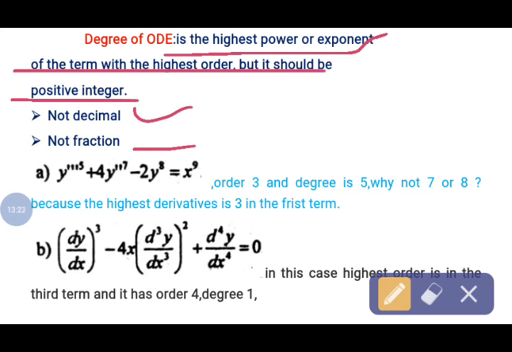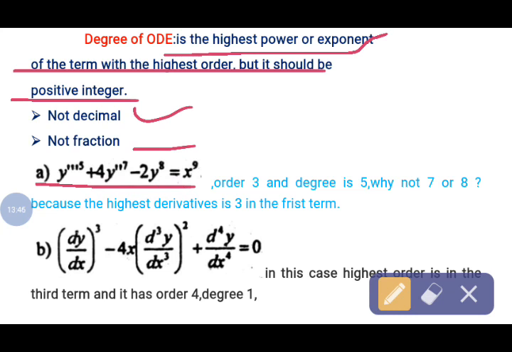Now let us see some examples about both order and degree of ordinary differential equations. Example A, check for both order and degree of the ordinary differential equation. Compare all terms which have the highest order and the highest degree.